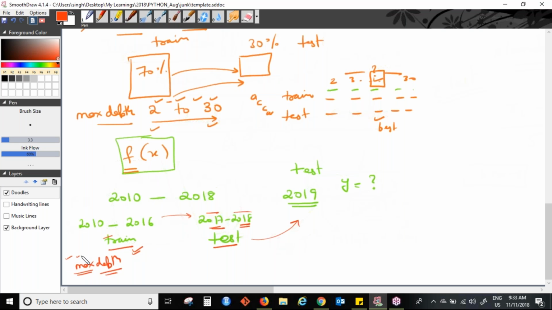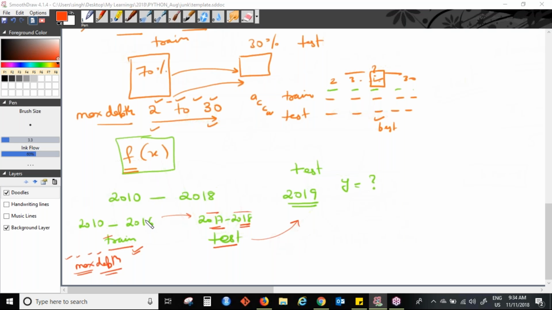We would try out different values of max depth here, and whichever max depth gives the best accuracy on 2017 and 2018, we will finalize our model based on that particular value of max depth.